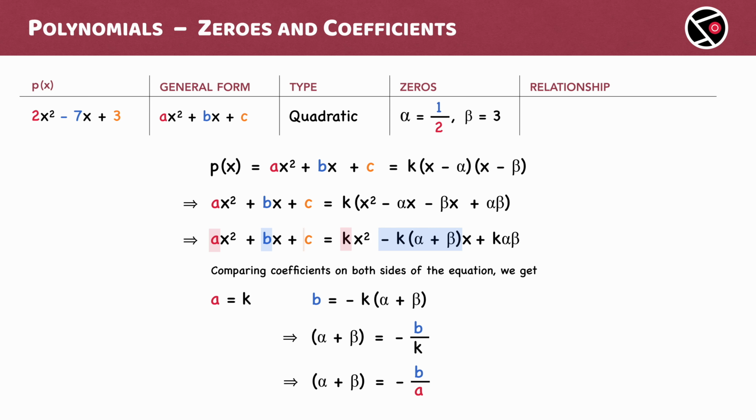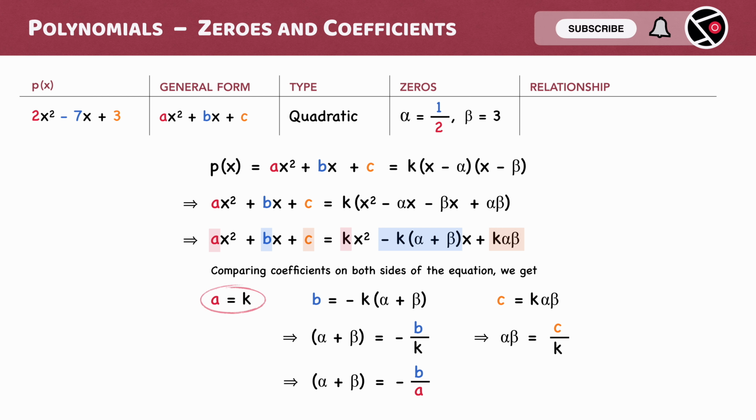Now the constant term c equals k times alpha beta, or alpha times beta equals c over k. Again, we replace k with a and we get alpha times beta equals c over a.